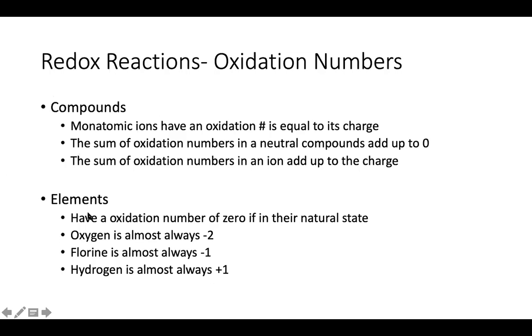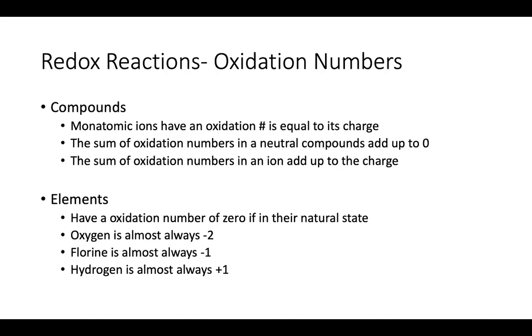But how about elements themselves? Remember, an element in its natural state will have an oxidation number of 0. So any metal without a specified charge in the solid state would have an oxidation number of 0.